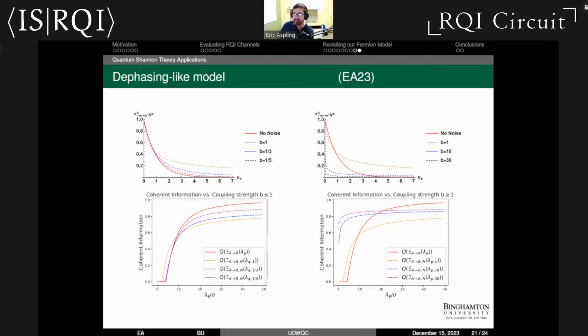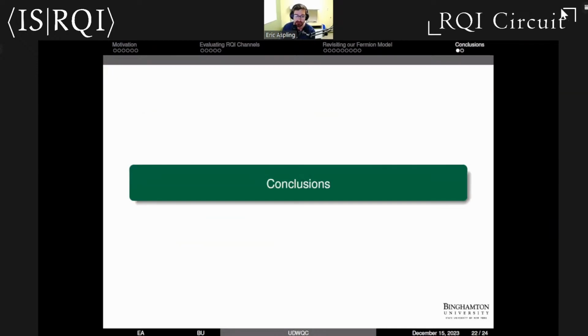And we see that in some cases, depending on the coupling to some detectors, you can actually increase the coherent information for a short period of time at these different energy scales. But nevertheless, I think the takeaway was that different viewpoints give us different models, and it can make the calculations a little bit more feasible, right?